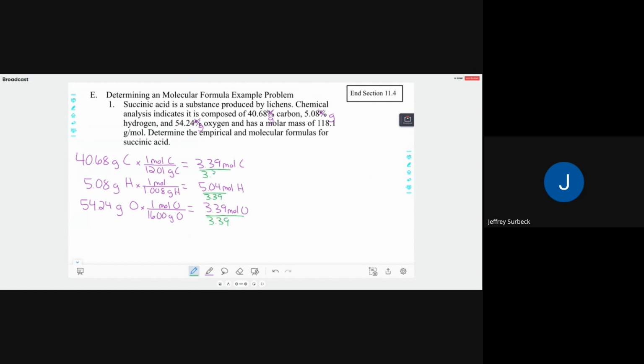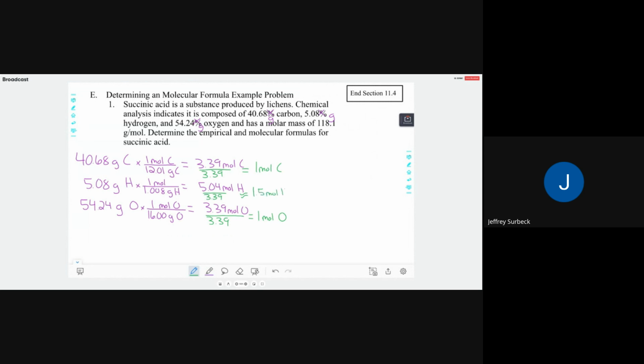Well, that makes the top and bottom pretty easy because that gives us 1 mole of carbon. That gives us 1 mole of oxygen. And if we turn to our calculators here, we say, hey, 5.04 divided by 3.39, we get in our calculator 1.49. Now, you can be in the ballpark relative terms. That's going to be close enough to 1.5 moles.